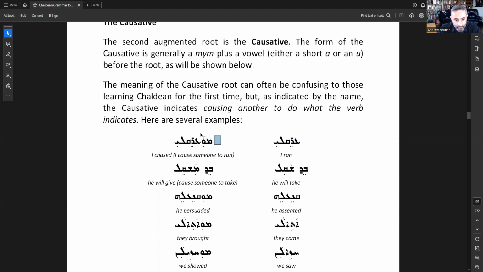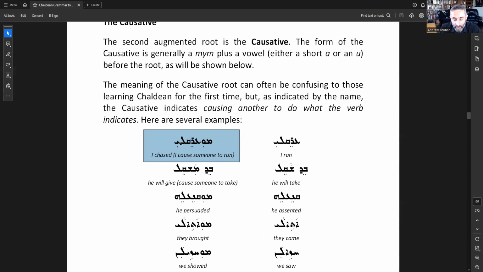Here's the same root as here, raqa. And then li is also the second set of endings, so this is also the past tense. What's different is this augmentation, mu'raqli. Raqli means I ran. Mu'raqli means I chased, or I caused, this should be past tense, I caused somebody to run.